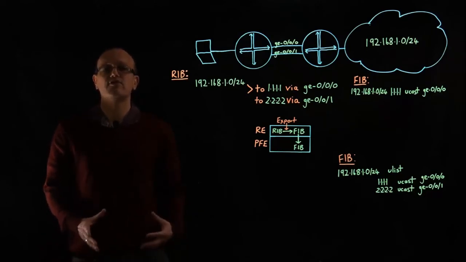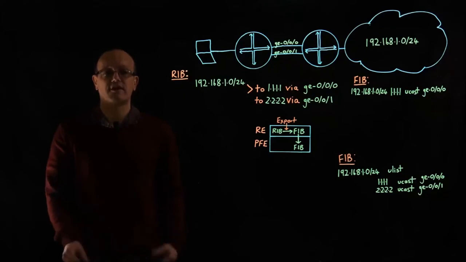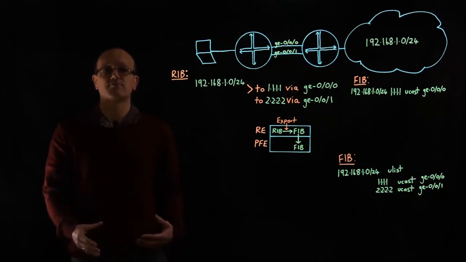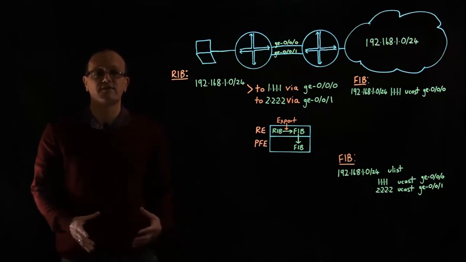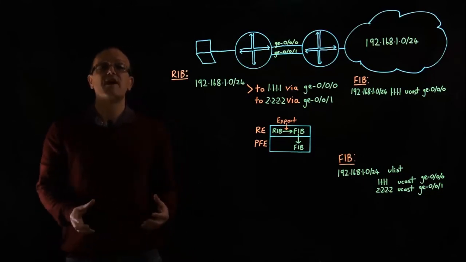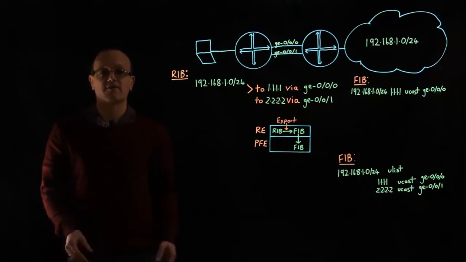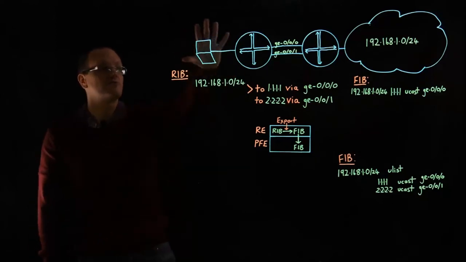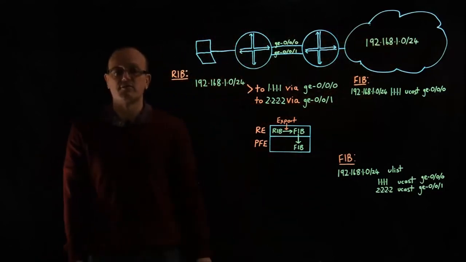So let's walk through how Juniper devices operate by default and how we can fine-tune that behavior so we can spread traffic over multiple equal cost paths between two routers. To illustrate this, I've drawn up a very simple topology that has multiple equal cost paths between two routers. This is what we have here on the uppermost part of the right-hand side of the board.